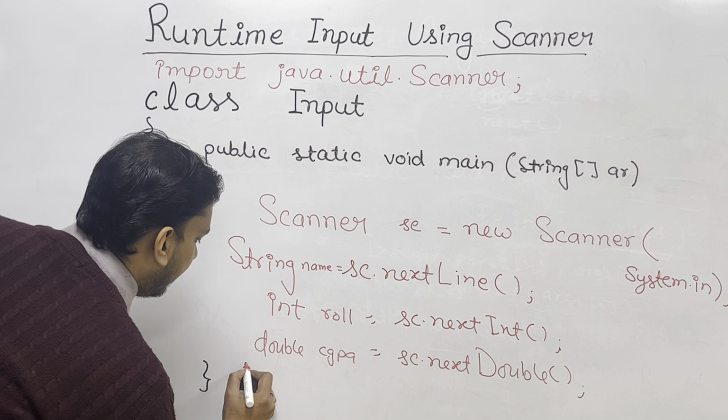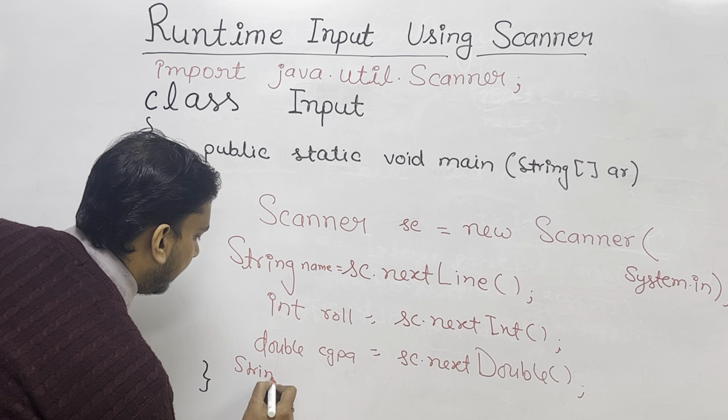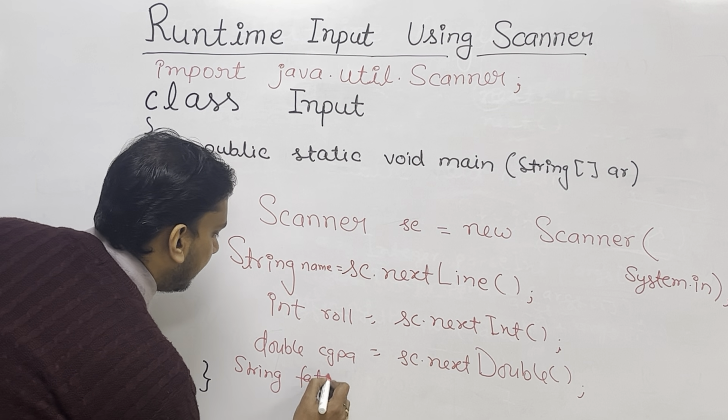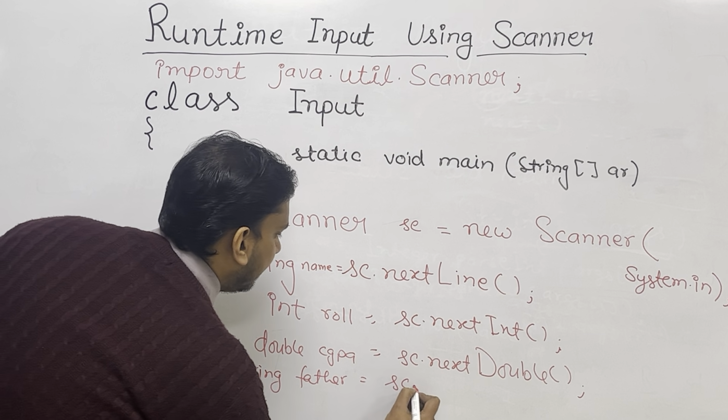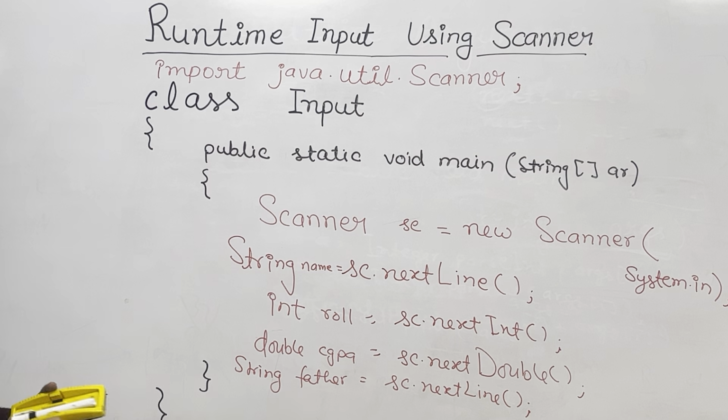You will say okay, I will write here String father is equal to sc dot nextLine. But this is not going to work; it will create a problem. This line will not work. You can try this. Why?